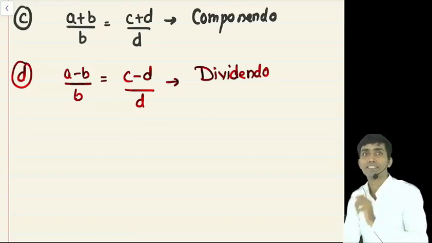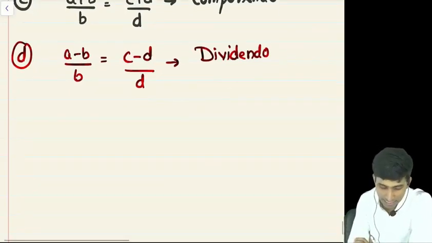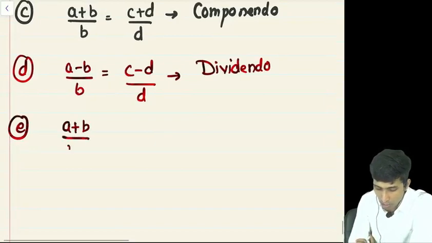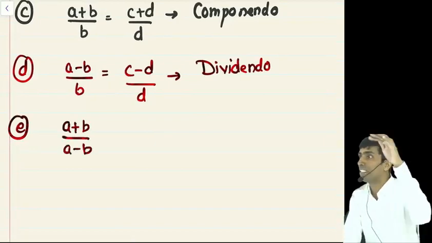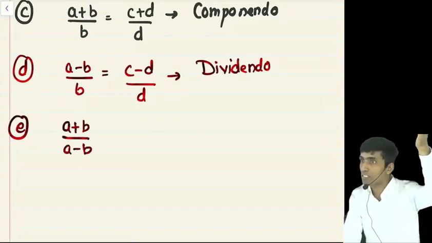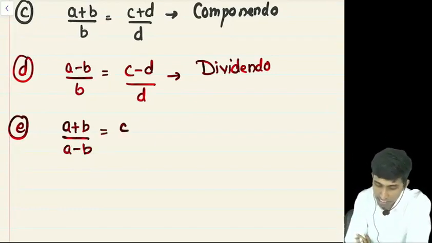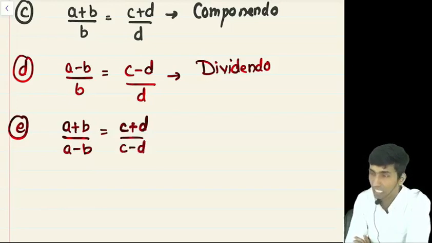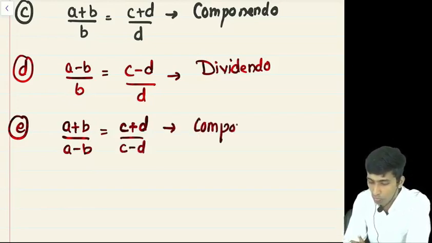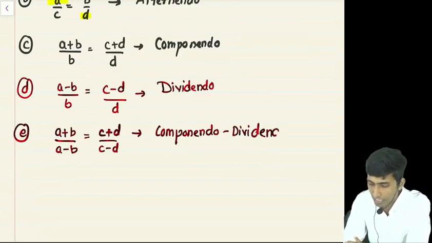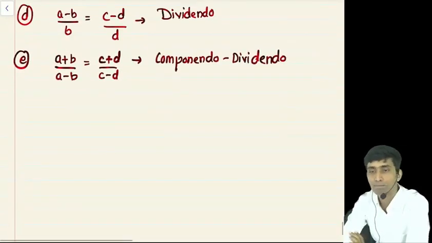Listen. See what I am doing. A plus B upon A minus B. In numerator and denominator, add above. In denominator, A minus B is equals to C plus D upon C minus D. I have applied componendo dividendo. Componendo dividendo. Copy. Easy?